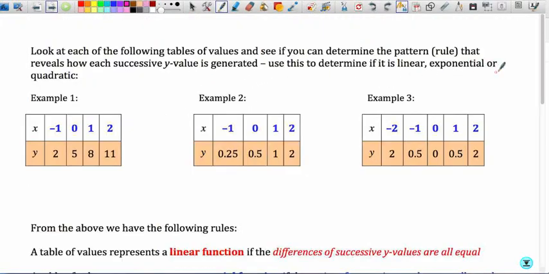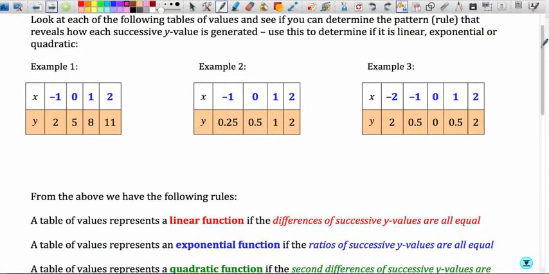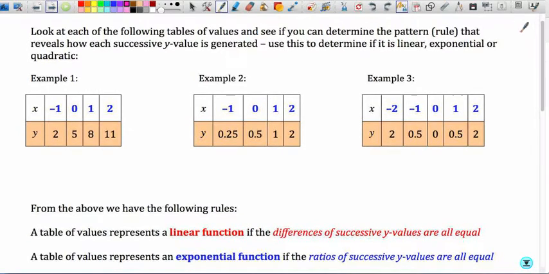Okay, so in order to determine which of the three functions we want to fit, if any, to our data sets, we're going to be using successive differences in our table of values. I'm going to show you what I mean by that. You'll notice that the x values for each of the three examples are essentially the same.